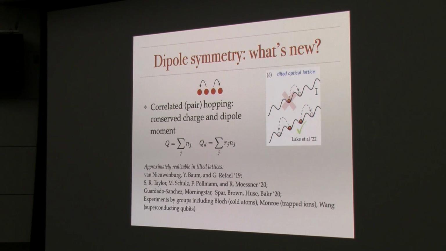Okay, so let me start with dipole symmetry and tell you a little bit about why these symmetries are different and why you might be interested in them. And I should preface this by saying that actually a lot of people are interested in systems with dipole symmetry right now because several experimental groups have started to work with systems that have a kind of approximate dipole conservation by taking one-dimensional lattices and tilting them, okay?